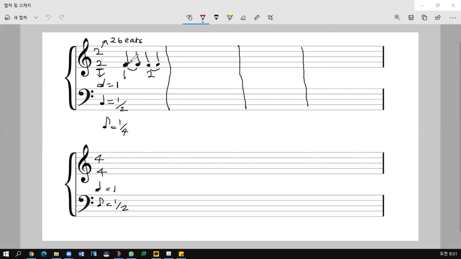This is a half value, okay? What about this one? That is okay because half note gets 1 beat. 1, 2, right? Then how many eighth notes are we going to have? What about this? It's okay because this is going to be 1 and this is 2. Okay, so this is 2/2.